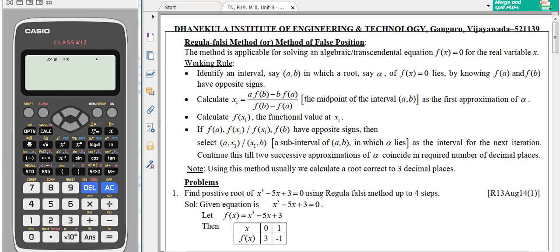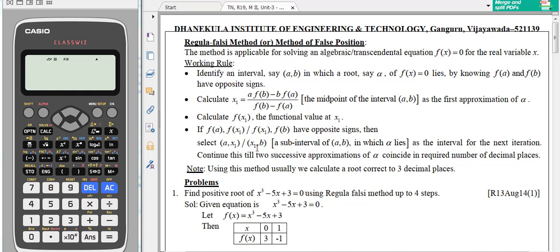If the subinterval (a, x1) consists of the root, then the second approximation x2, similar to this formula, will be given by (a f(x1) - x1 f(a)) / (f(x1) - f(a)). If the root lies in the subinterval (x1, b), then you will get x2 as (x1 f(b) - b f(x1)) / (f(b) - f(x1)).